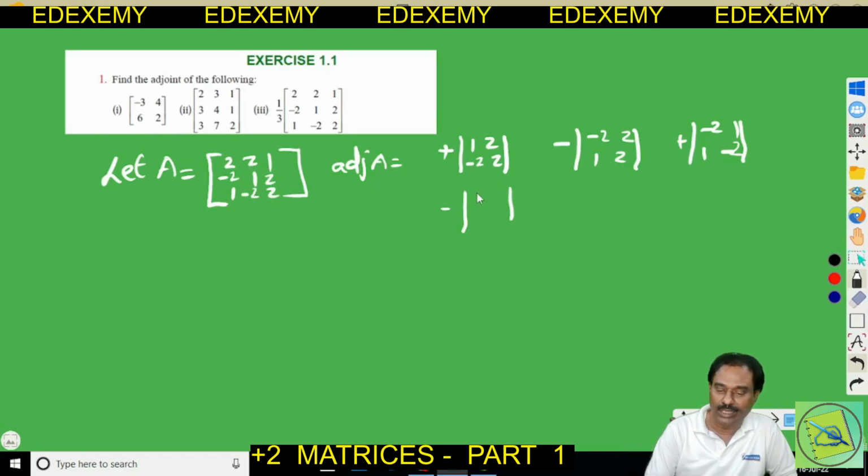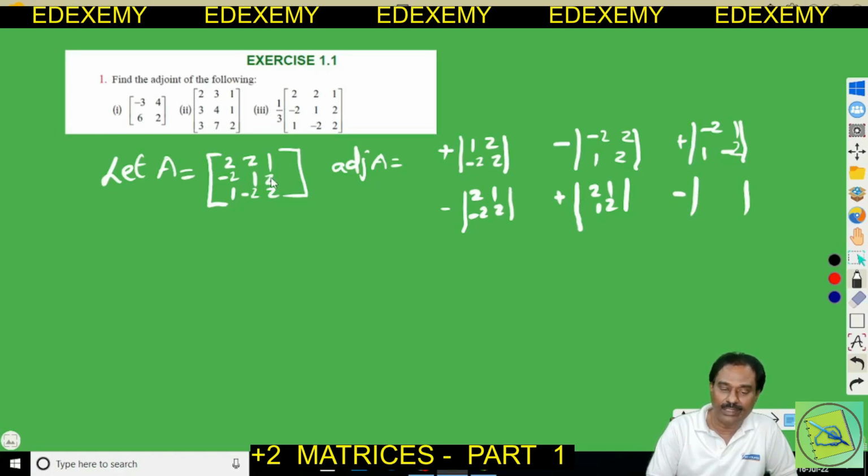You leave it, then the remaining numbers are 2, 1, minus 2, 2. Okay. The next one will be plus. Determinant of 1, which is in the second row, second column. Therefore, you leave it, you get 2, 1, 1, 2.